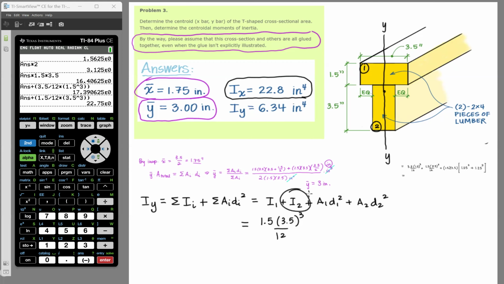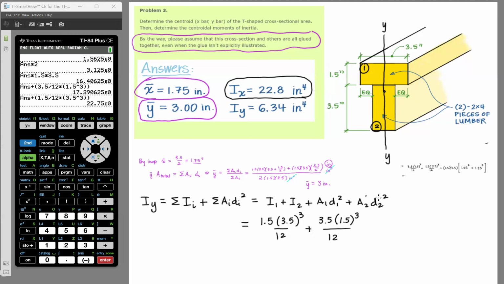Moving on to term I2. I want the centroidal moment of inertia of that rectangle about its own centroidal axis. Base of 3.5, height of 1.5, don't forget to cube it, divided by 12.